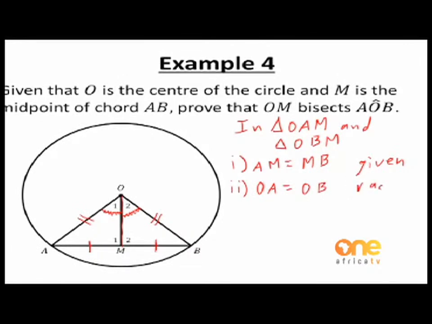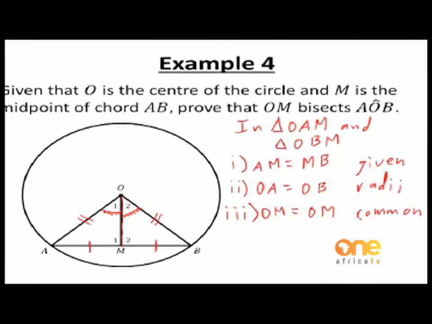That reason is going to be radii, because OA is a radius of your circle and OB is a radius of your circle. And the third reason is going to be OM equals OM. The reason for that, however, is common. It is a common side.